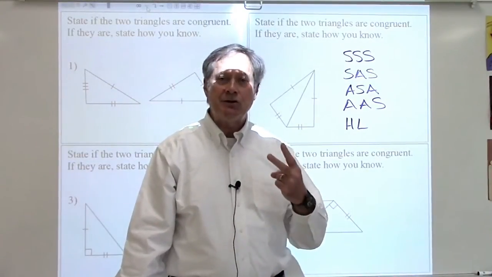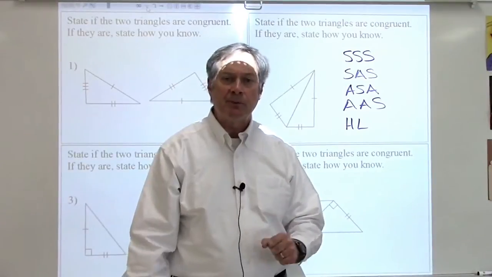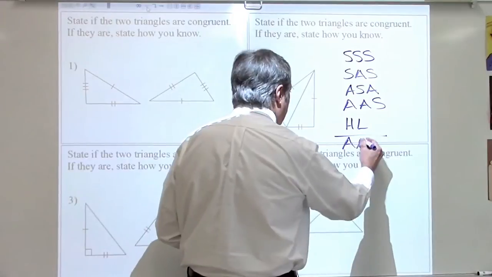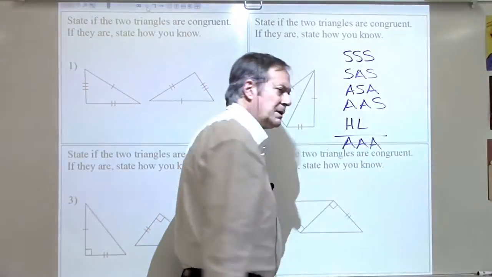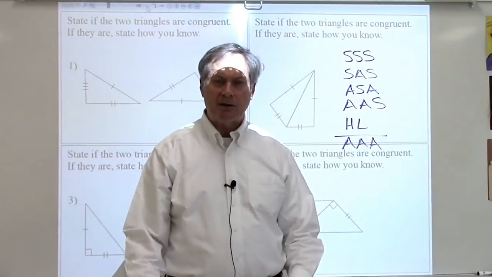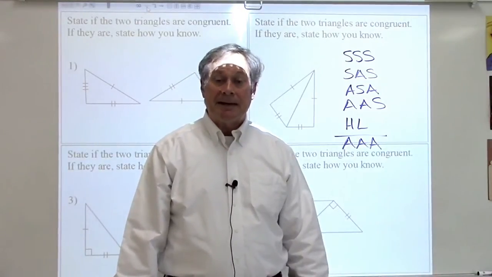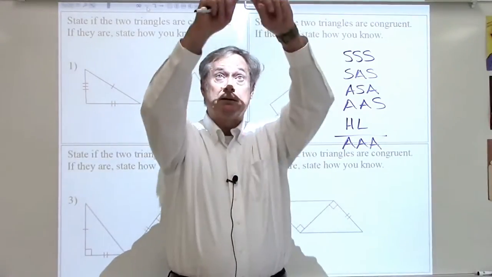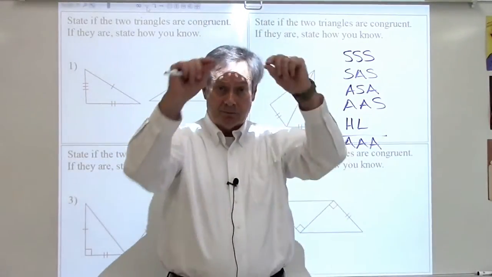Now, there are 2 that look like they would be proofs, but they're not. First of all, angle, angle, angle. It would seem that if you've got 2 triangles with all 3 angles the same, those would be congruent. But think of an equilateral triangle where you got 60, 60, 60. You could have a small triangle and you could have a great big one, all with 60 degrees.